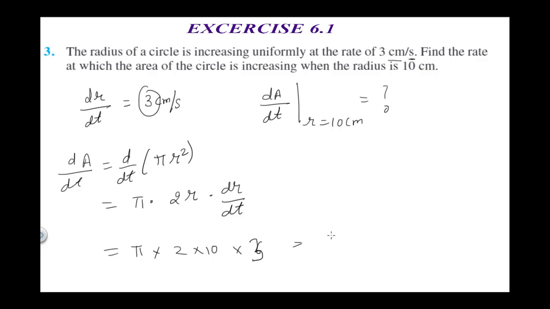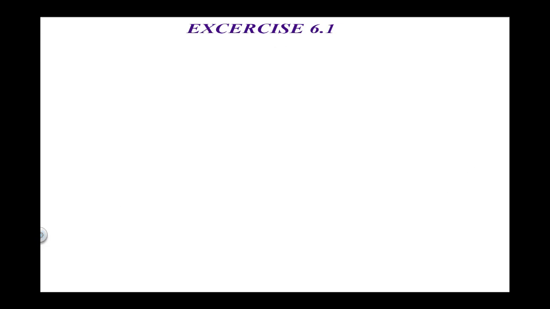So the answer that we get is 60 pi. Hence, the unit will be square centimeter per second. Clear? This is how you're going to solve question number 3. Let us go to the next question now.